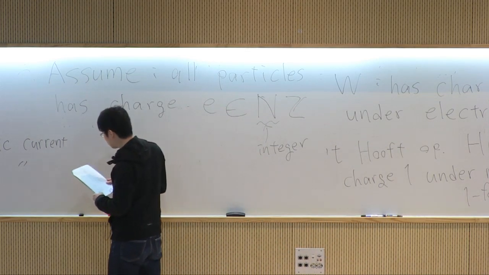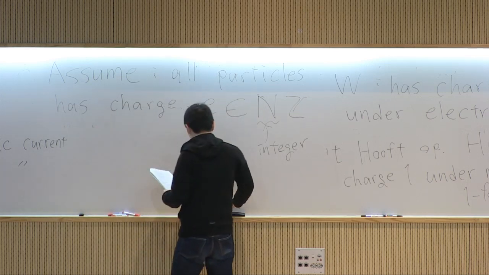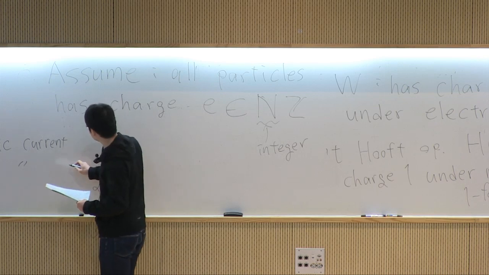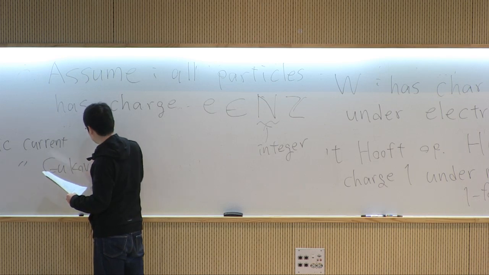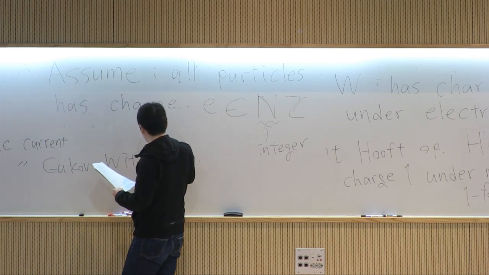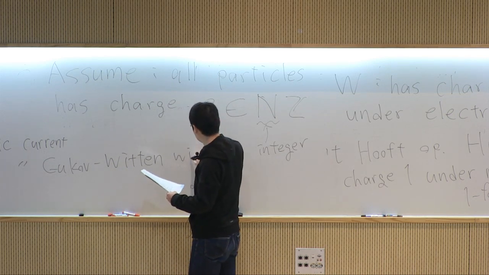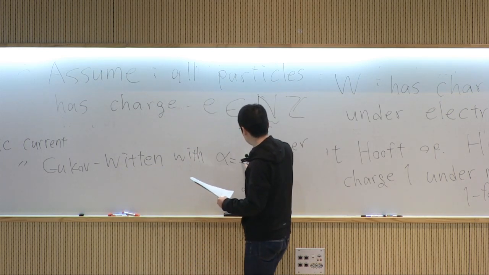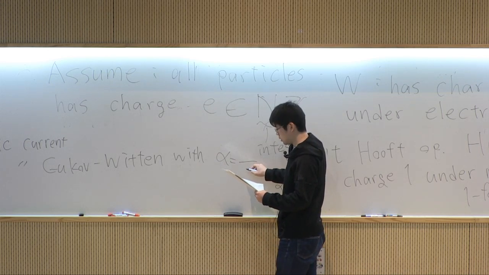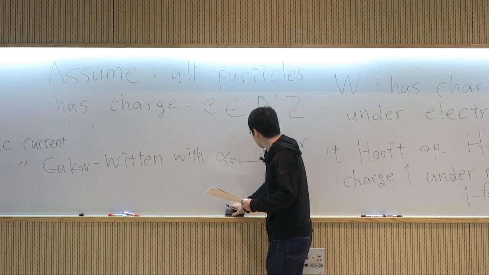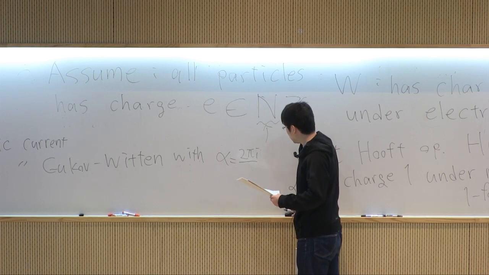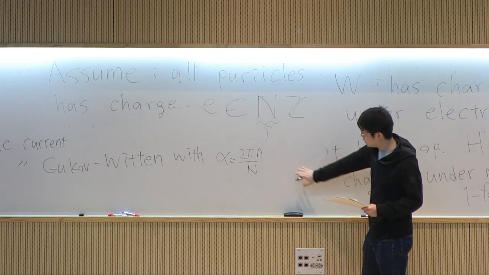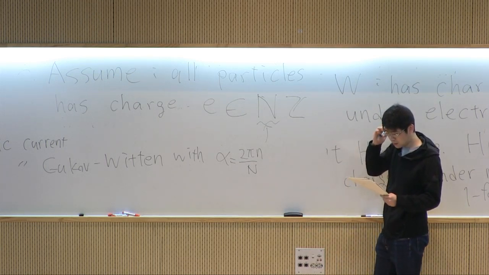Then we can consider a Gukov-Witten operator with a special parameter. I take the holonomy to be just 2 pi small n over capital N. So I take this specific holonomy.